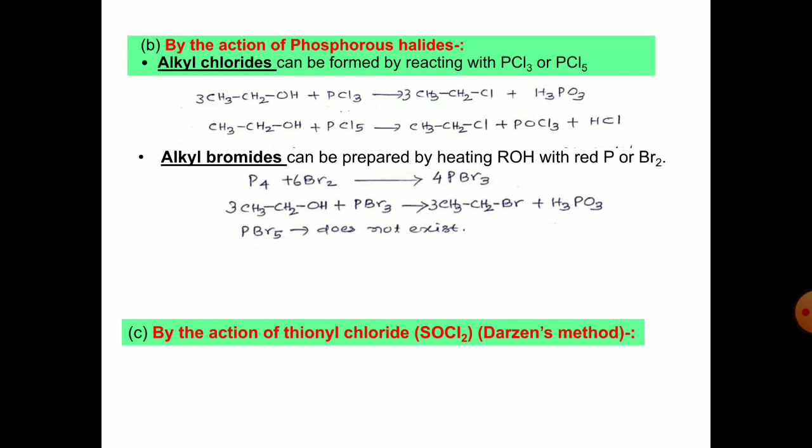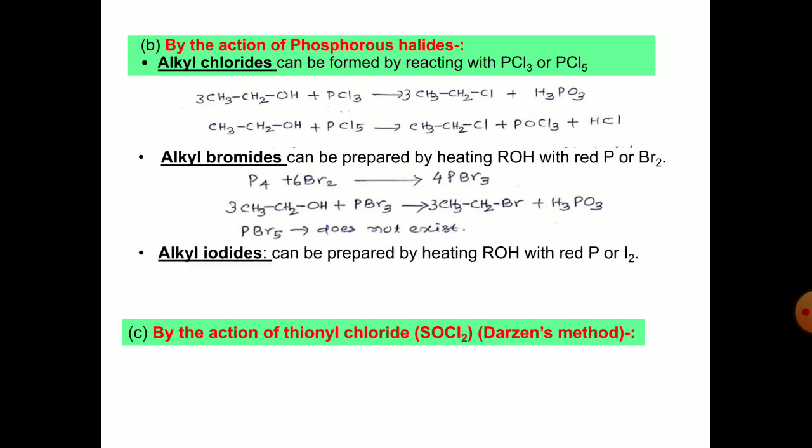P4 plus Br2 gives rise to PBr3. Then alcohol plus PBr3 gives rise to ethyl bromide plus H3PO3. PBr5 does not exist, therefore it will not react. Alkyl iodides can be prepared by heating ROH with red phosphorus and iodine. P4 plus 6I2 gives rise to 4PI3. That PI3 will react with ethanol to give ethyl iodide plus H3PO3.